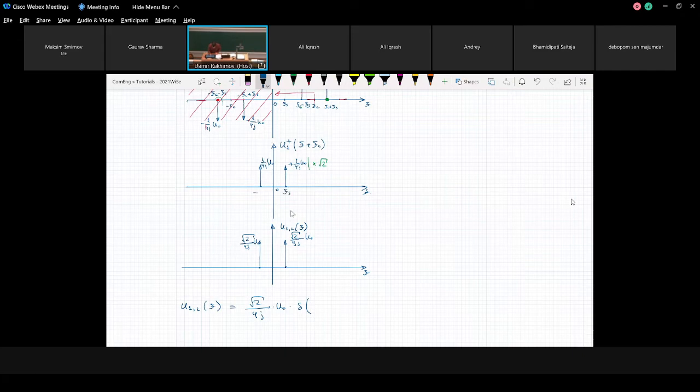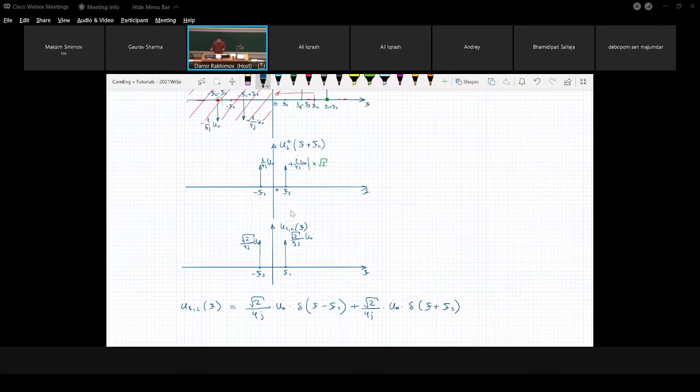And for the other delta pulse, minus Fs. So for the right delta pulse, I write delta of F minus Fs, and for the left delta pulse, plus square root of 2 over 4j times U0 times delta of F plus Fs. This is our signal in the low pass range.